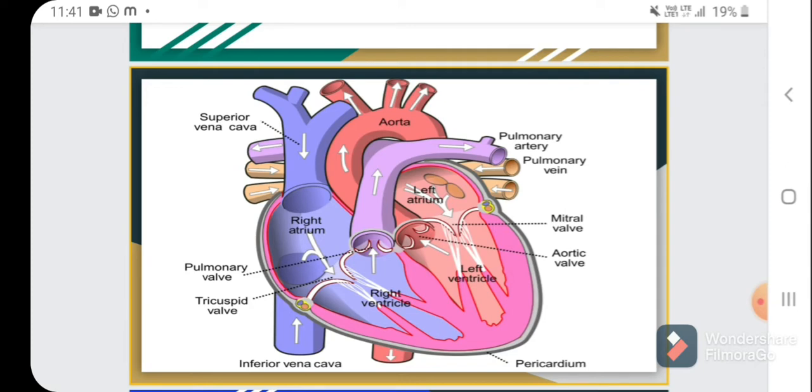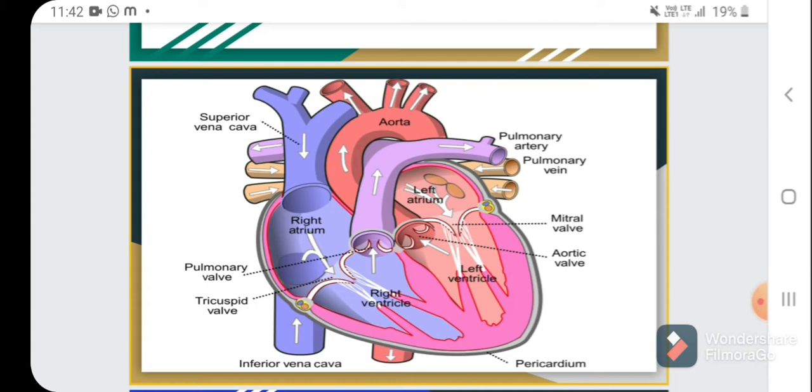The tricuspid valve is a flap of connective tissue that opens only in one direction to prevent the backflow of blood from the ventricles. After it is filled, the right ventricle pumps the blood through the pulmonary artery to the lungs for reoxygenation.